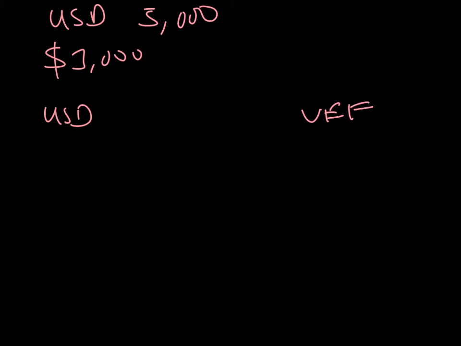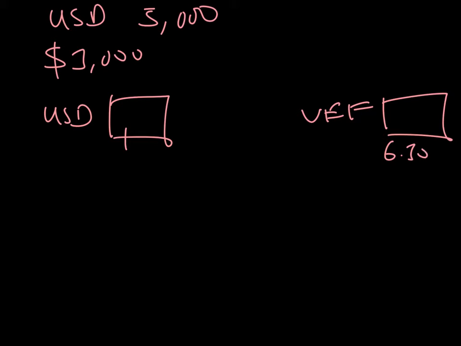So the way you can think about this is with a little kind of function machine. So if you have here $1 US, we know that that would end up being the same as 6.3021 Venezuelan bolivars.